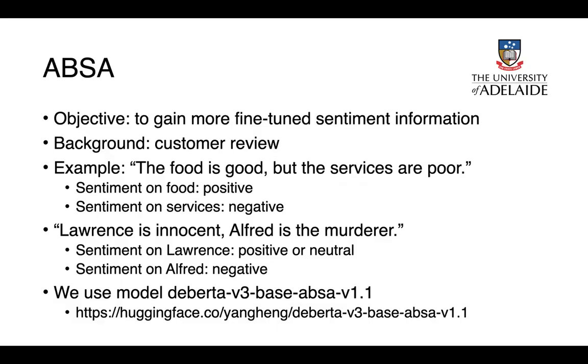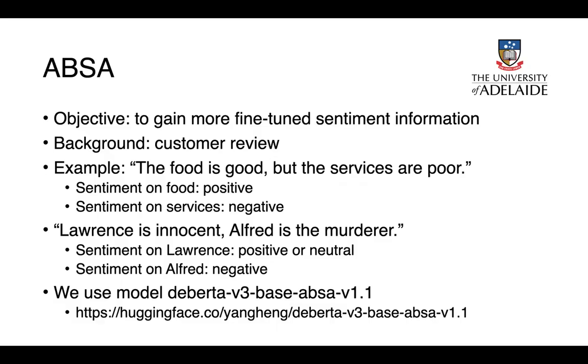This is the example. If the sentence is the food is good, but the services are poor, then the sentiment on food should be positive, while the sentiment on services should be negative.